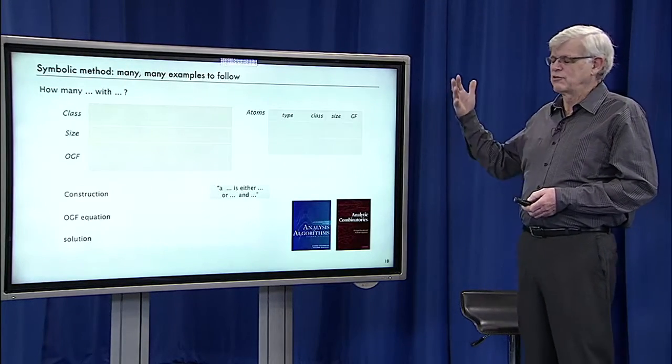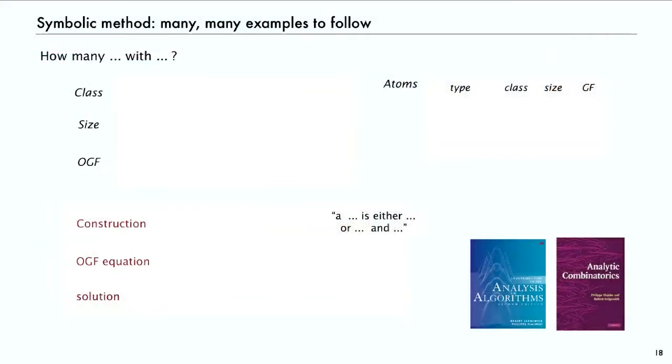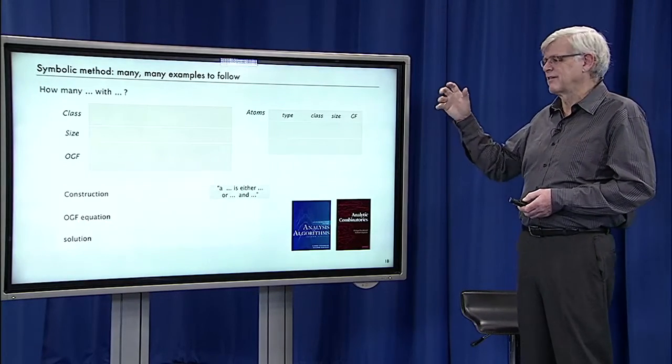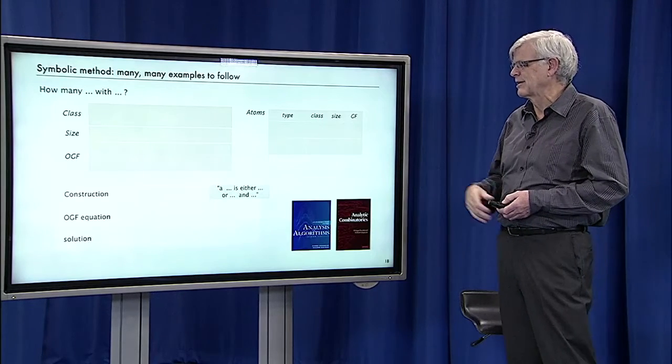So those are just some starting examples. We're going to have many, many, many examples to follow, all with the same basis in both Part 1 and Part 2 of the course. We're often asking how many of some type of objects are there with some kind of restriction. We need to specify what the class is. We need to specify what the size function is and the atoms, and write down the generating function.